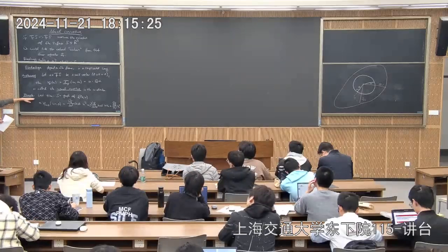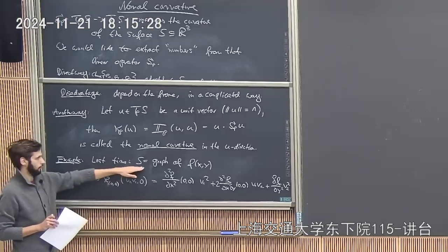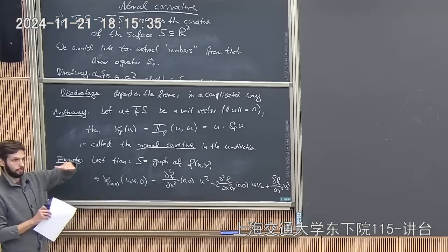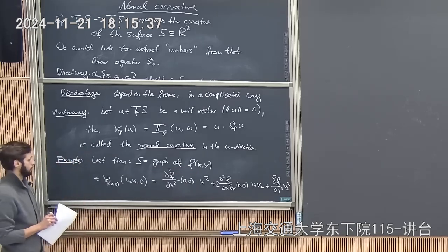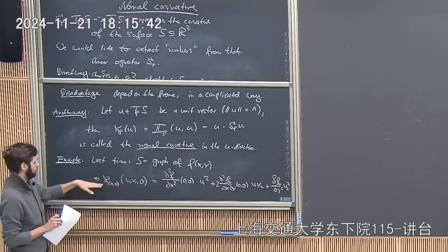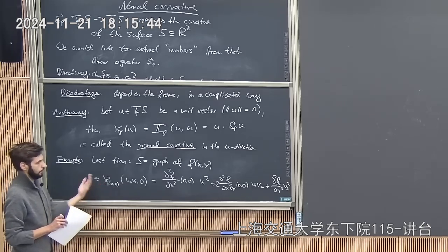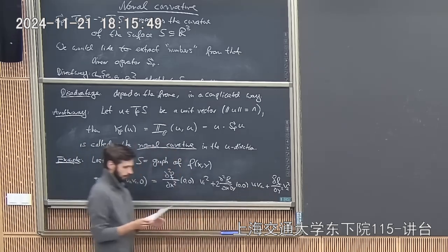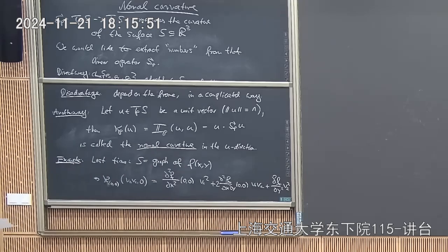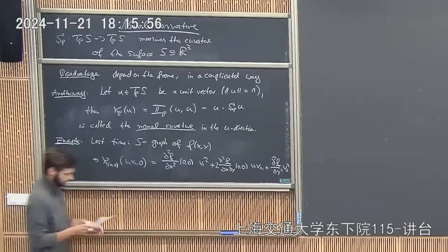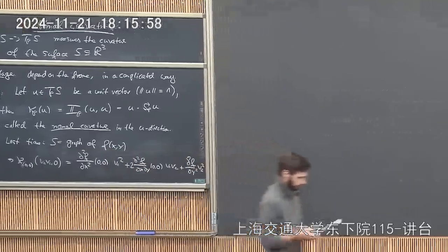And in general, you can always express a surface near some point as the graph of a function. That's always possible, just by taking the tangent direction and then projecting, essentially. So that gives you some idea of how the normal curvature looks. Namely, it's given by a certain bilinear form, which is expressing the Hessian, essentially. So that's sometimes good to know.